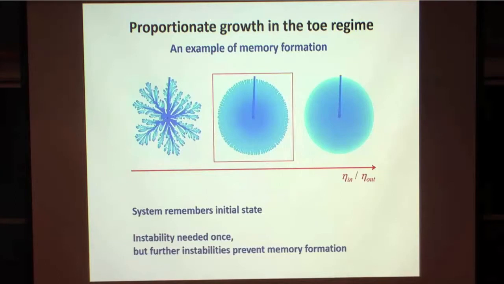And so in order to get a memory in such a fluid system, I need an instability one single time, but then any further instability would destroy that memory. So this is really a very, very subtle situation that we see in this toe regime here.